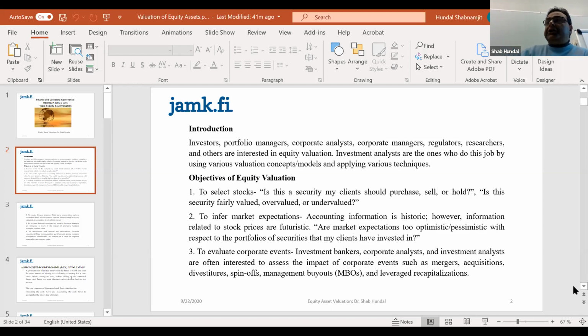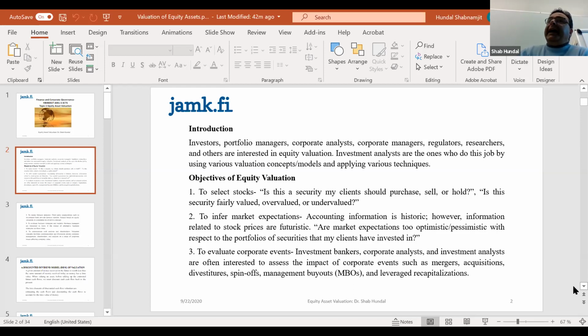If you are unsure of any of these designations, please let me know. Investors, you know who investors are. The portfolio managers are those people who work for mutual funds, hedge funds or investment companies, managing portfolios on behalf of their clients. And the banks are also doing this job. Nordea has this kind of business, and basically all the banks have.